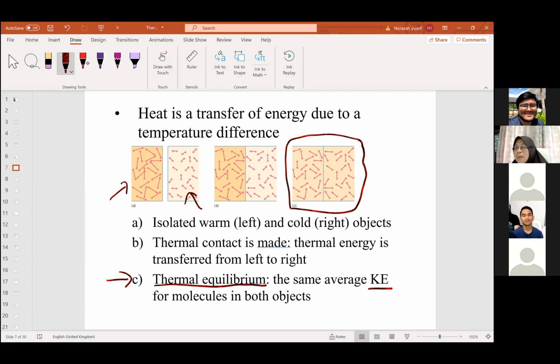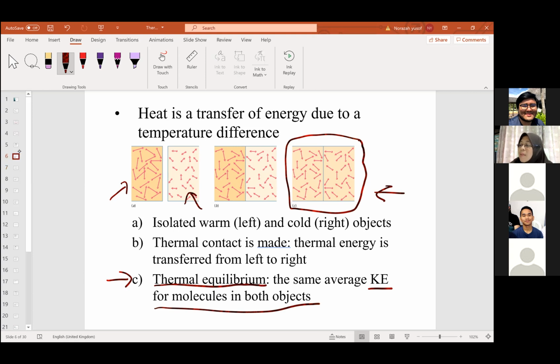So the heat will continue to be transferred to the colder object until you achieve this situation where the kinetic energy for molecules, from you, the warmer subject, to the colder subject that you touch, reaches equilibrium. So that is what is happening when heat is transferred due to an energy difference.